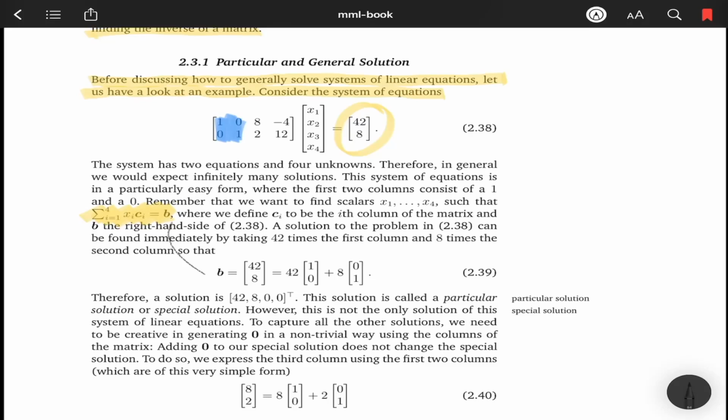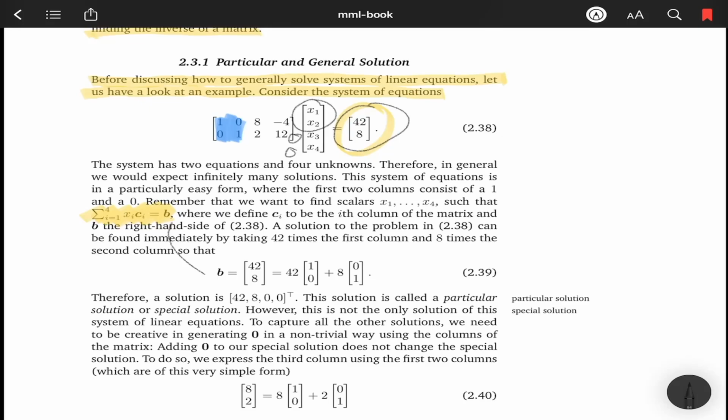And then they say it's enough just to take x1 and x2. So what they're saying is we only have two equations here, and we only need two variables, and everything else can be 0. So they just put a 0 in x3 and x4.